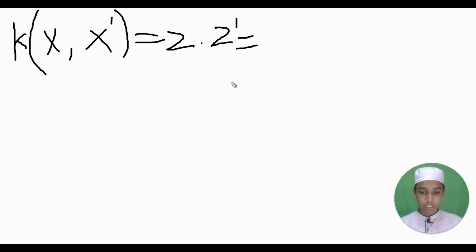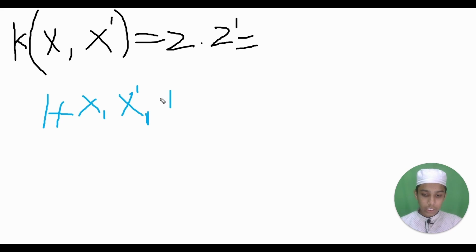For solving this one, let's call it 1 first of all, and then we have the plus with that. And then we have x1 times x1 prime.